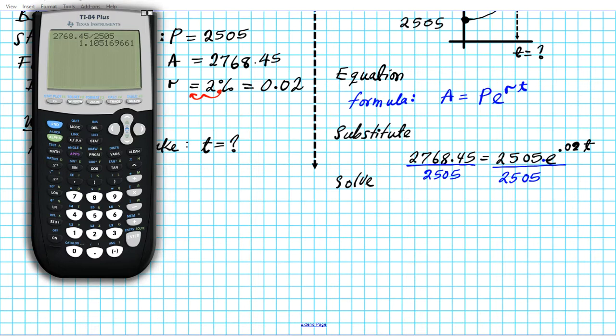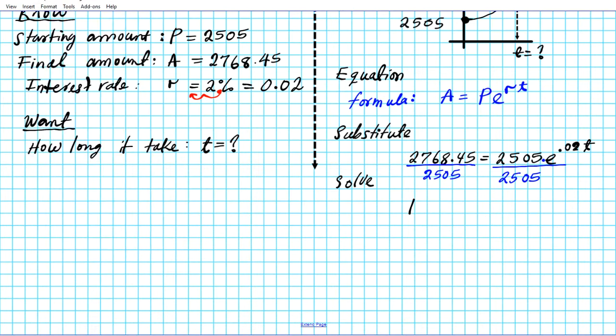So let's do it right to 4 decimal places. So 1.1052, that is equal to, on the right side, these 2,505 divides out, and we're left with e equals 0.02 raised to the t power.